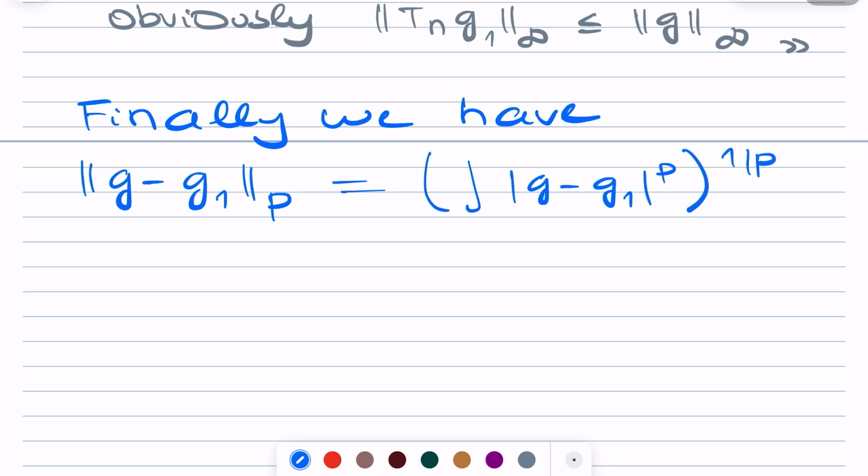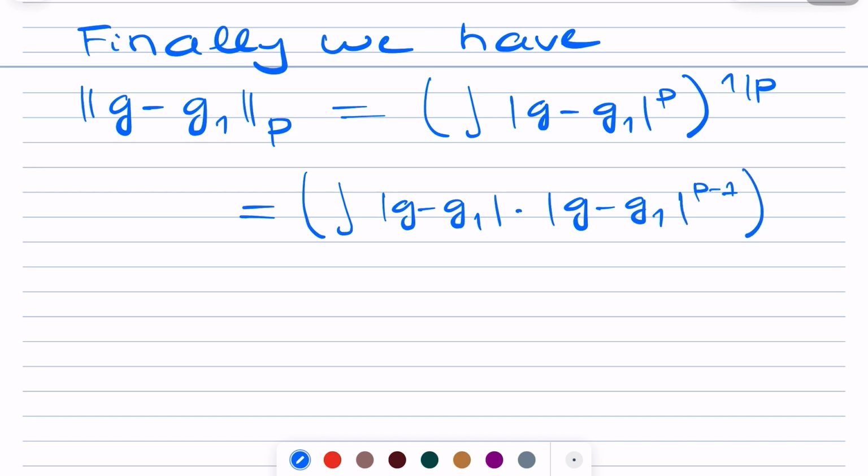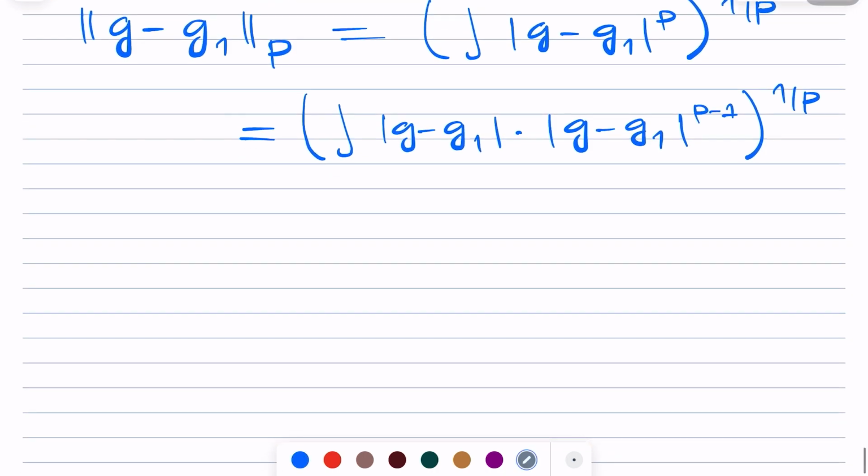So this is equal to this, and let me just go step by step. This is the integral of the absolute value of g minus g1 times the absolute value of g minus g1 to the power p minus 1, everything raised to the power 1 over p. Now observe that this is actually in L1, and this is actually in L infinity.